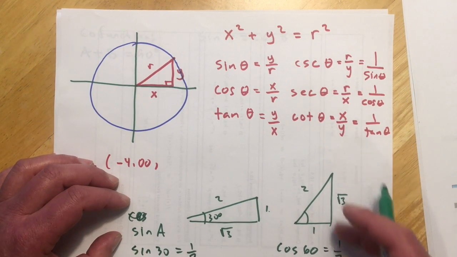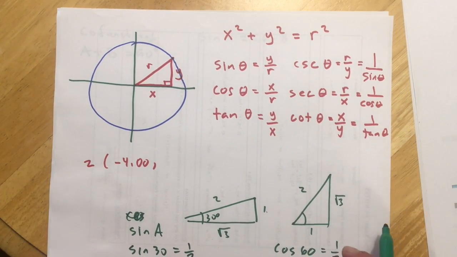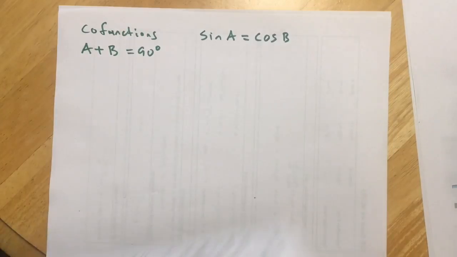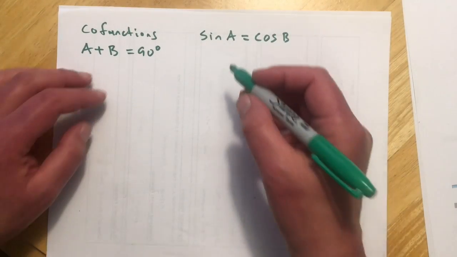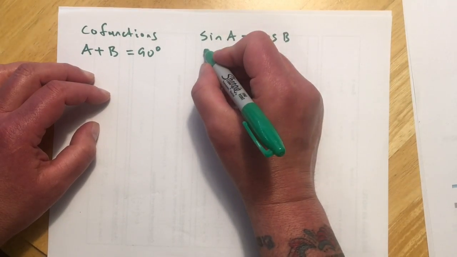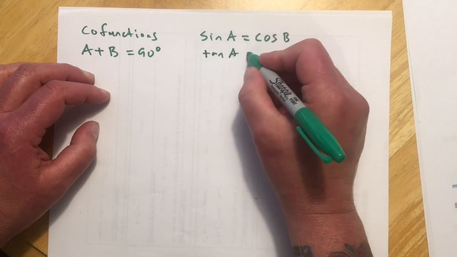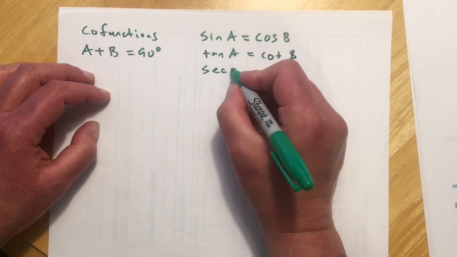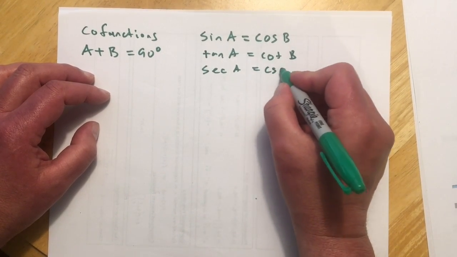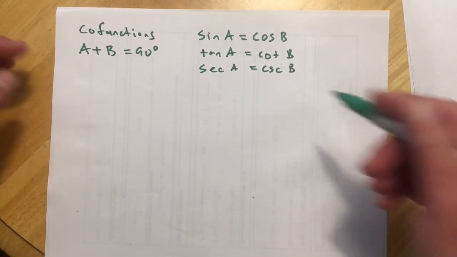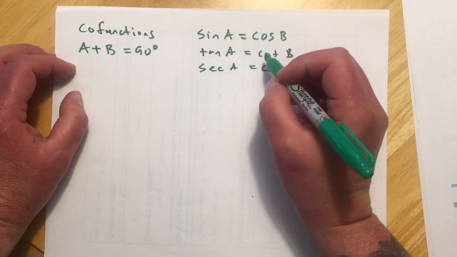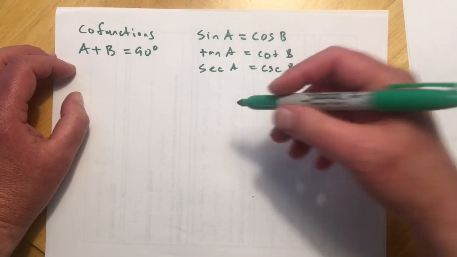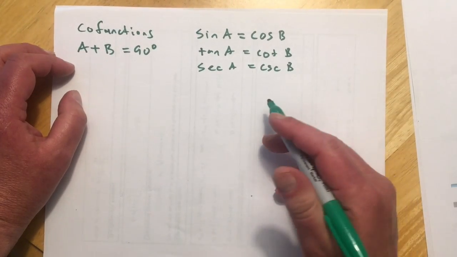So that's what the cofunctions are saying, is that these two angles are going to have the same value when you do sine of one and cosine of the other. And so the rest of those relationships are tangent and cotangent. So tangent A equals cotangent B, and then secant A equals cosecant B. So these are sine, cosine, tangent, cotangent, secant, cosecant. And so it's the cofunctions that they're named for, not the reciprocals, which is always confusing.